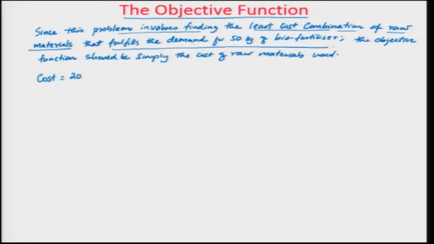So it is 200 x1 plus 250 x2 plus 150 x3 plus 220 x4 plus 300 x5, then plus 310 x6 plus 165 x7. So this is the cost of the raw materials, depending upon the quantity that you are using, which is given by x1, x2, x3, x4, etc.